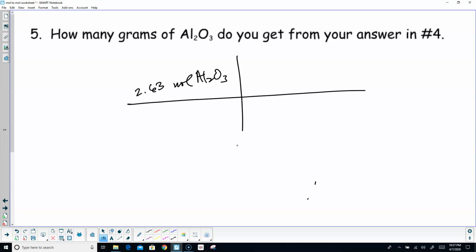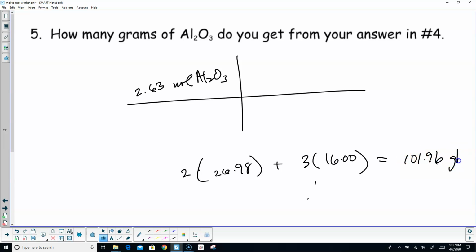Okay, so we have to add these up. Let's see. So we have a total of 2 aluminums, and each one of these aluminums weighs 26.98. And it looks like 3 oxygens, each at 16. So if I sum those, it appears the molar mass of this compound is 101.96 grams per mole.